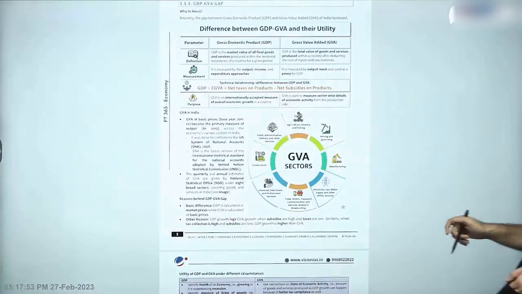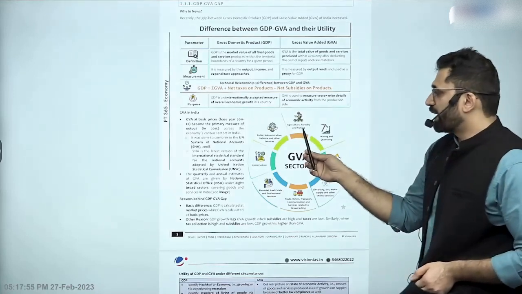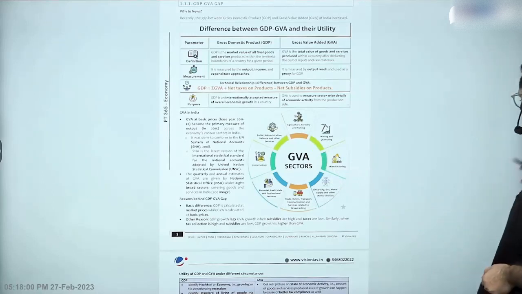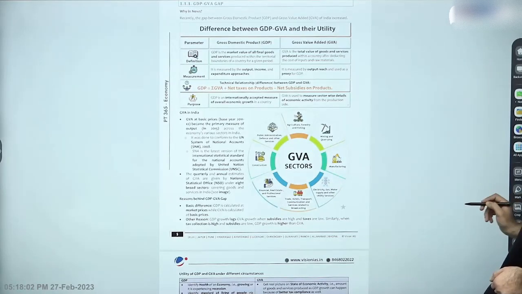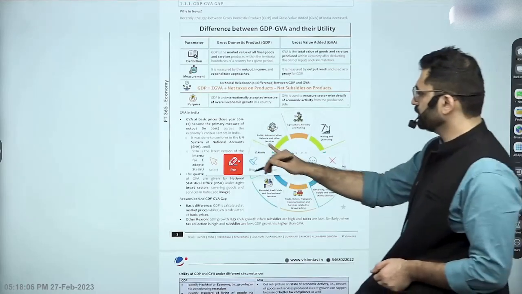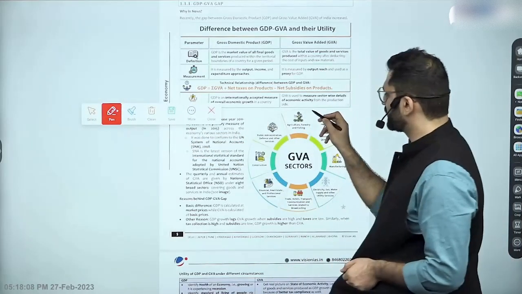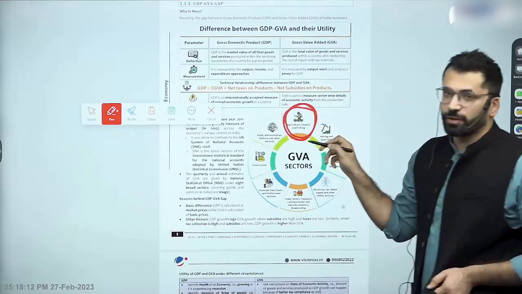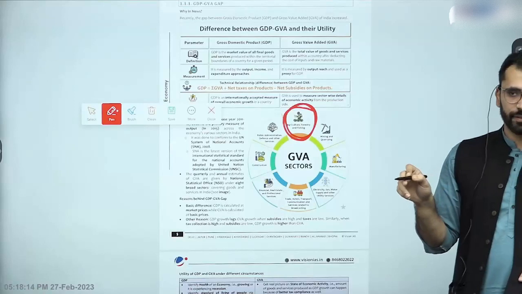these are the total sectors. Your agriculture, forestry and fishing. This is your agriculture sector. This is what is included in agriculture: agriculture, forestry and fishing activities.